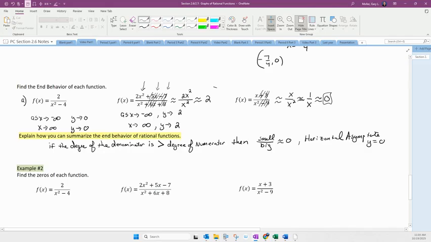And if the degrees are the same, then the horizontal asymptote is what?